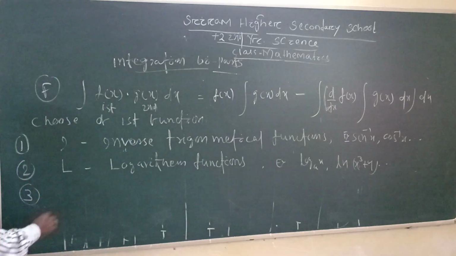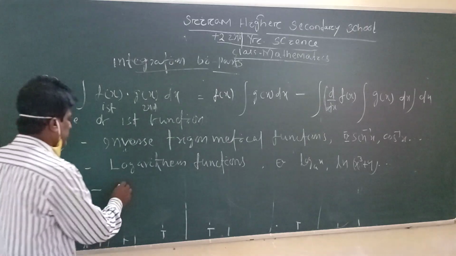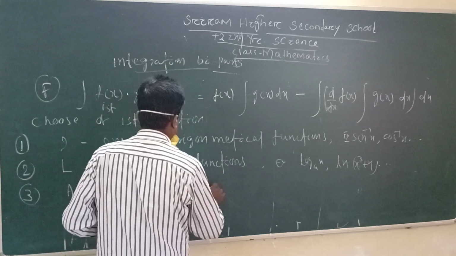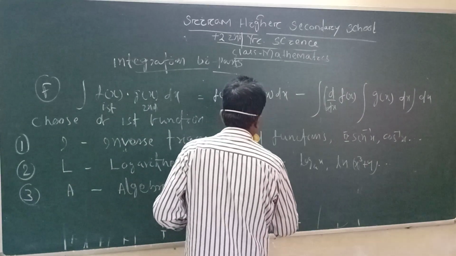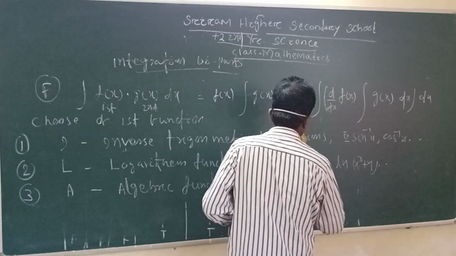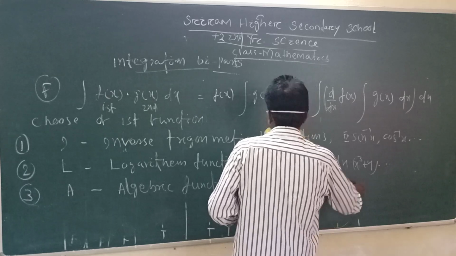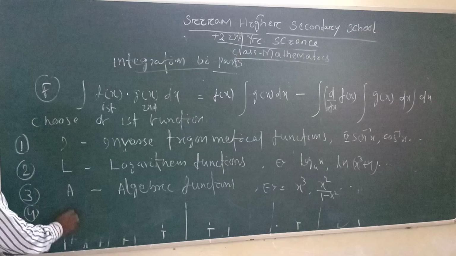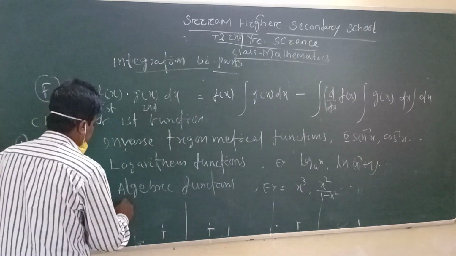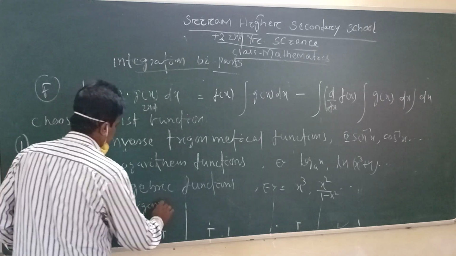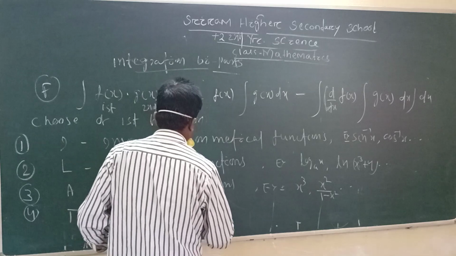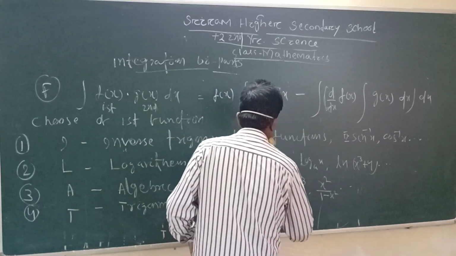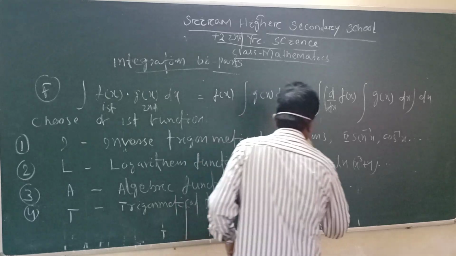Now in third, A means algebraic functions, for example x cube, x square plus 1, 1 minus x square, in many forms. In fourth, T means trigonometrical functions, for example sin x, cos x.